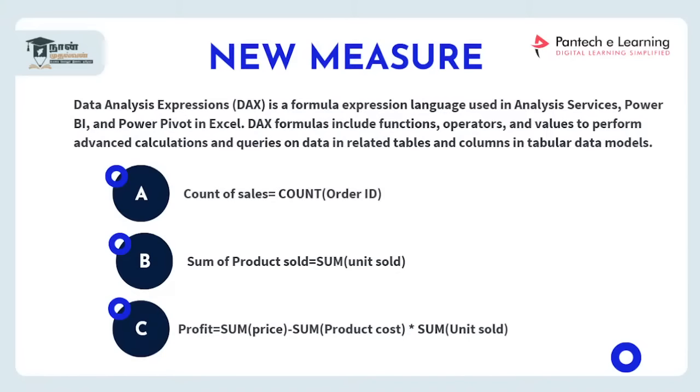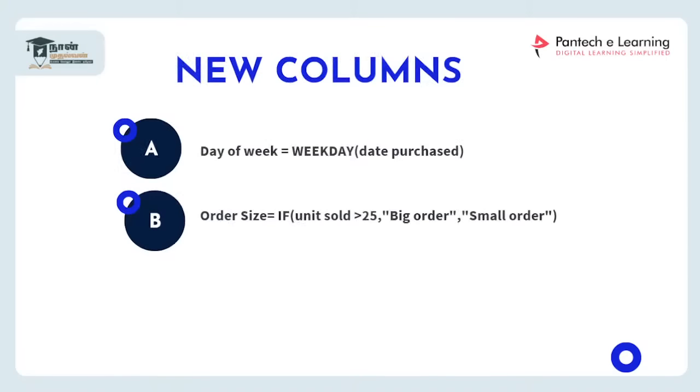And profit: I will create the profit column based on the price and product cost per unit sold, subtracting product cost from price, and calculate it for the units sold. That is my profit.